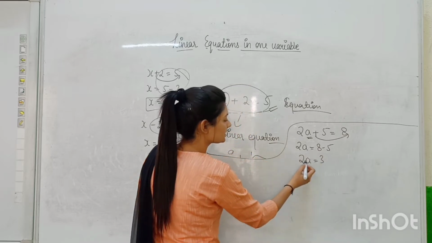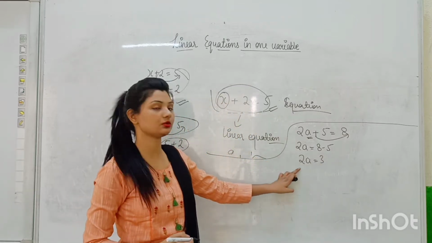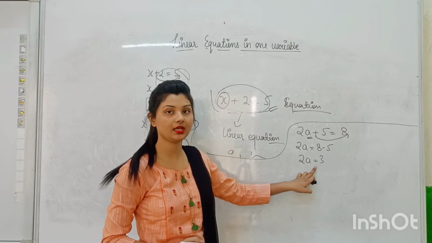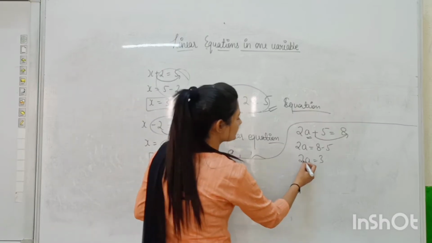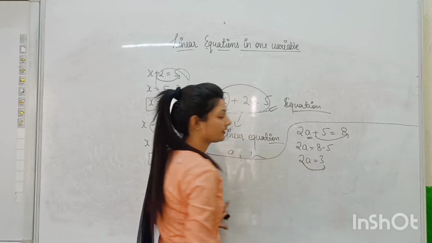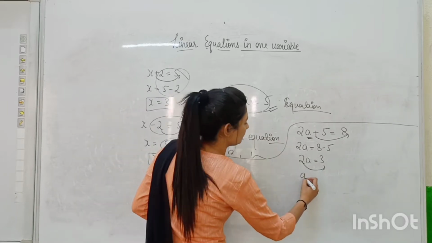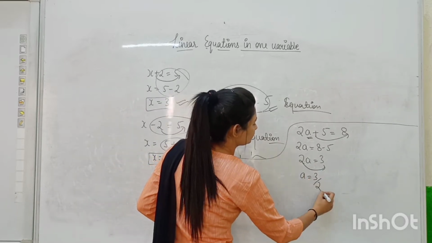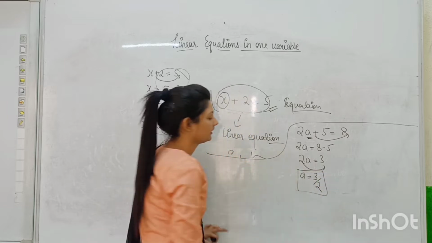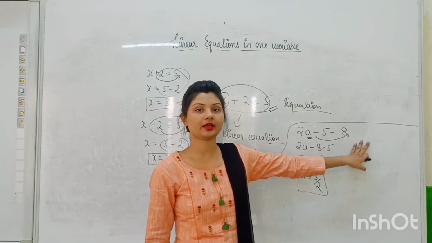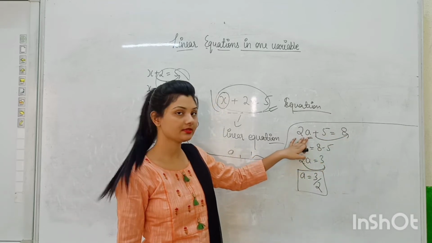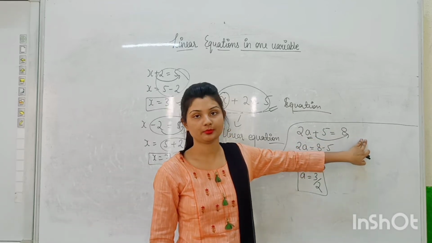Now this 2 is in multiplication. See, there is no sign between 2 and a. It means it is in multiplication. So if this multiplied number goes to the right hand side, it will go in the denominator. Everything gets reversed. If it is plus here, it will become minus. If it is minus here, it will become plus.